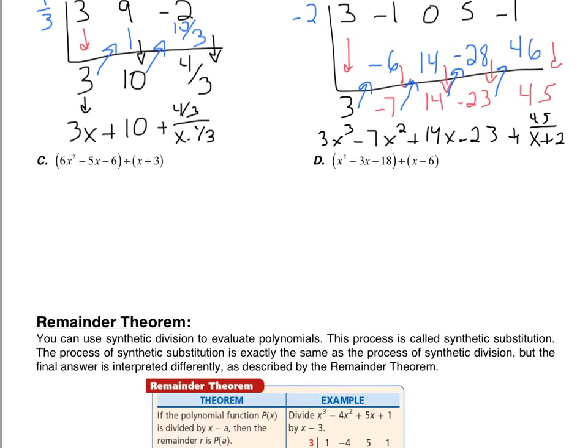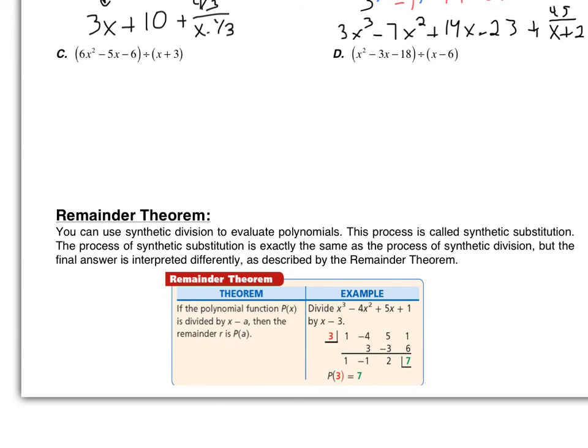Let's try that a couple more times. So we'll start off. We have 6x squared minus 5x minus 6. It is in standard form, so I'm going to take the 6, the negative 5, the negative 6, and divide that by what makes this 0, which is negative 3. Bring down the 6, and I have 6.